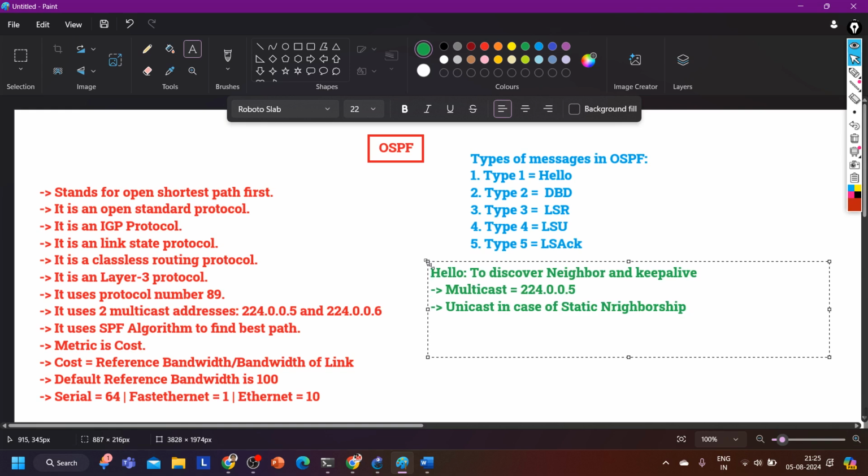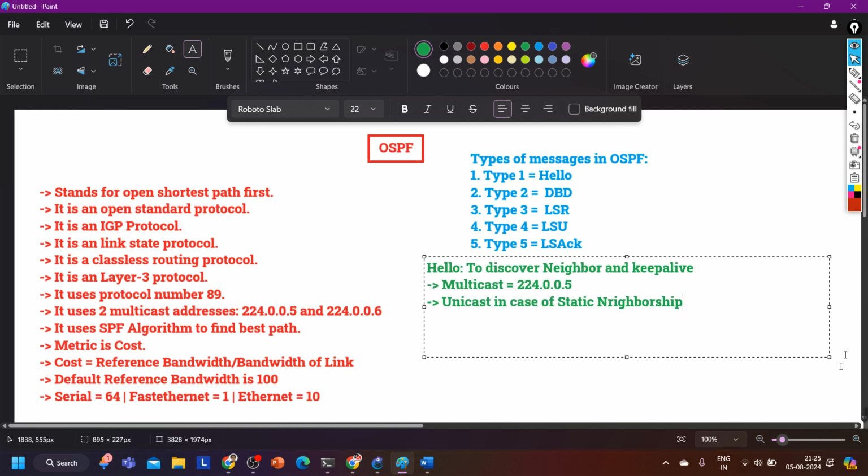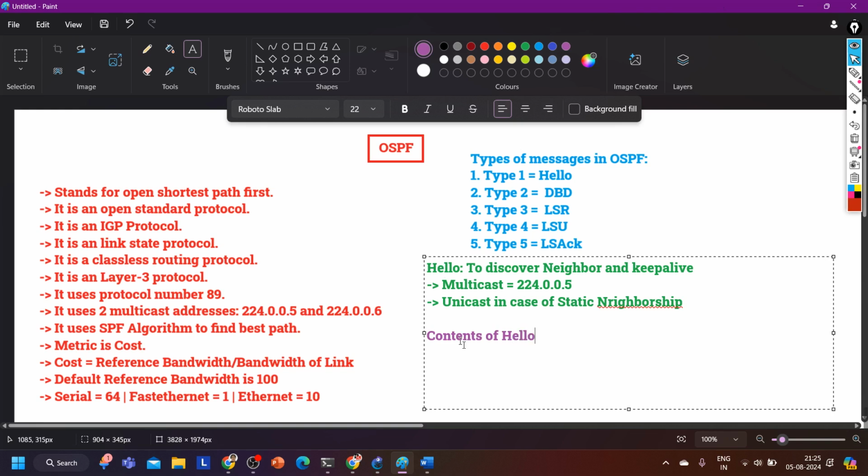If I talk about the contents of hello message, what information hello message is going to carry. First information is again version, but that is not important for you.